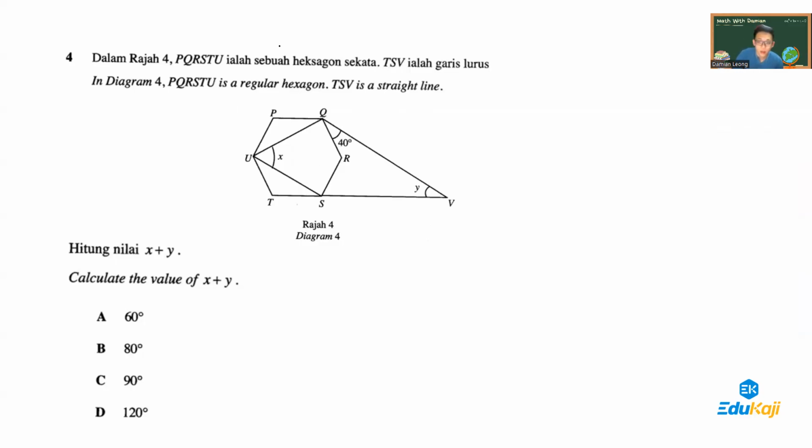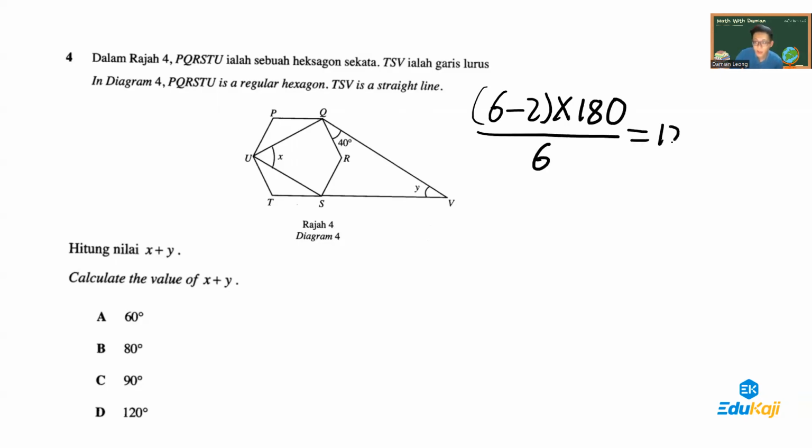First, when we have a regular polygon, always find the interior angle of your regular polygon. So interior angle of a regular hexagon: n minus 2 times 180 to get the total interior angle, divide by the number of angles, which is the same as the number of sides. So I get 120 degrees, meaning each interior angle here is 120 degrees.